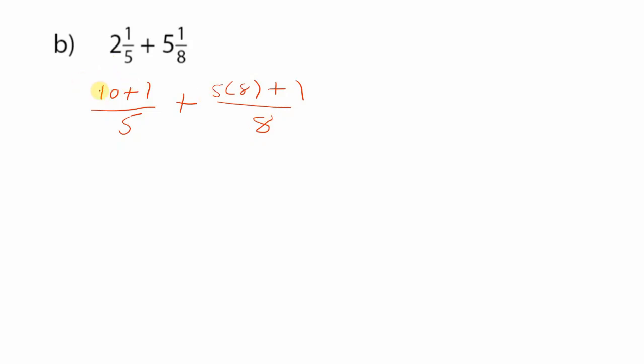Let's rather write it as 2 times 5 to be more precise, plus this 1. So we have 10 plus 1, so it's 11 over 5, plus 5 times 8 is 40, so we have 40 plus 1, so it's 41 over 8.